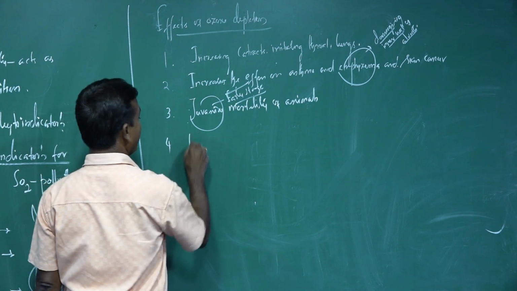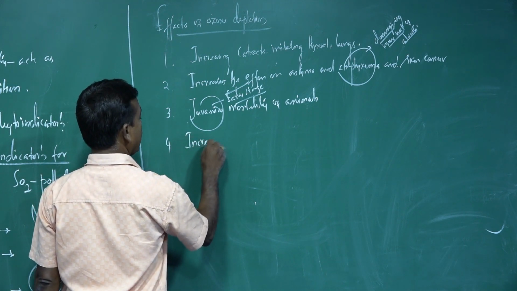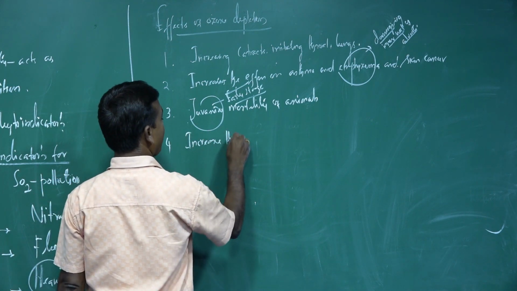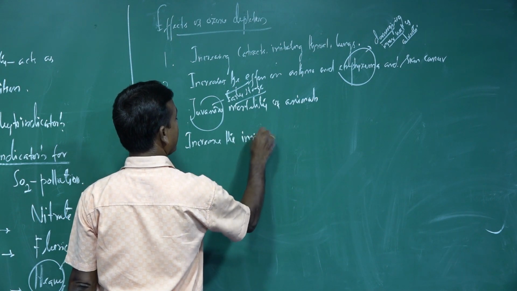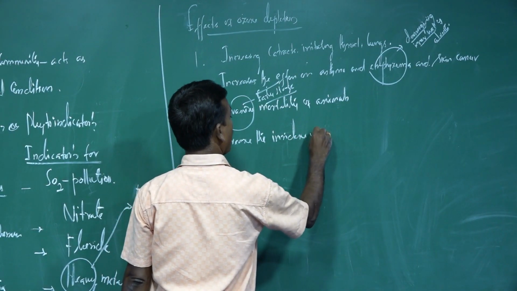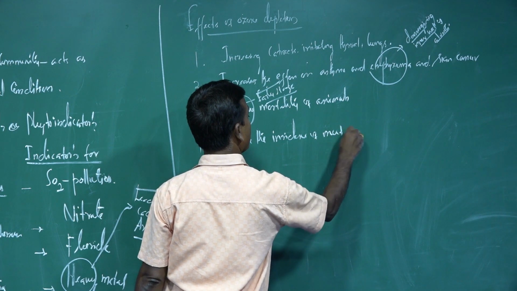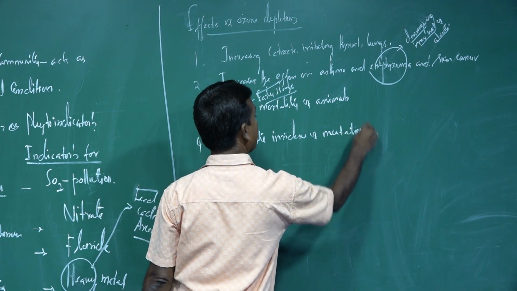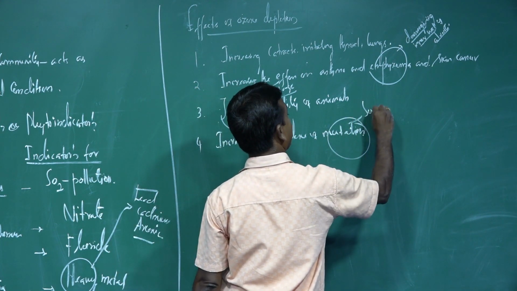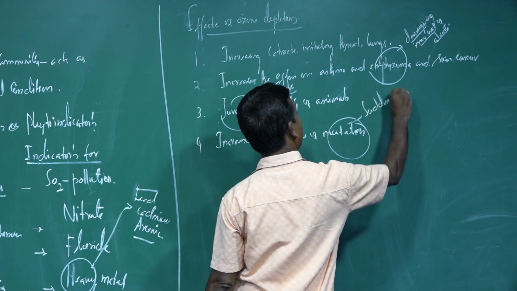The fourth one is an increased incidence of mutation. What is the meaning of mutation? It means sudden changes.